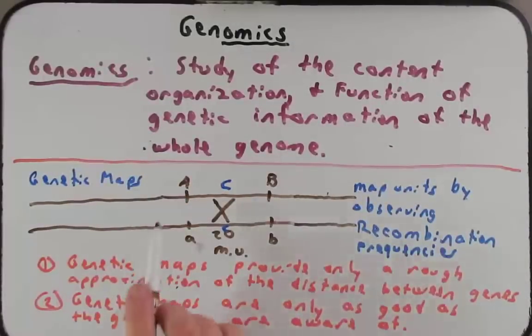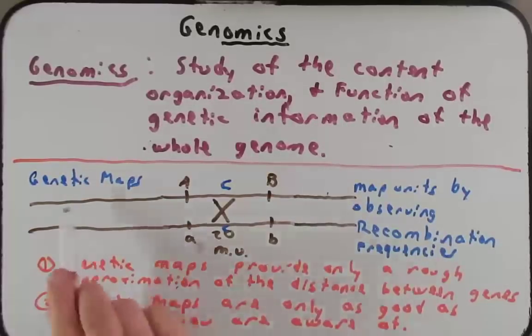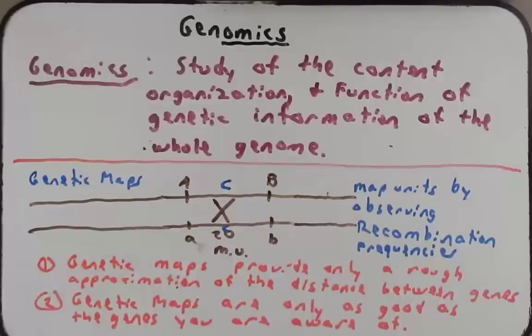The genetic maps tell us nothing about this non-coding DNA because they only provide us information with genes that have a phenotype. If there's no phenotype associated with regions down here or over here or between genes, we can't really get a good estimate on their location or the distances between them and other parts of the chromosome.